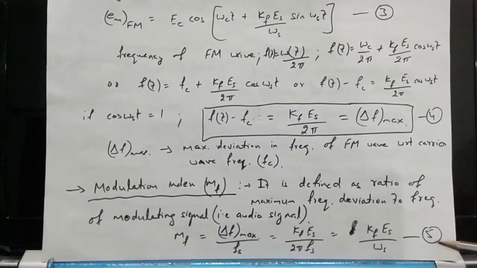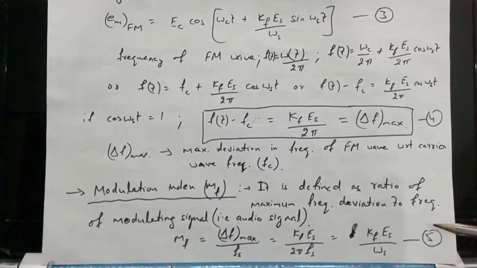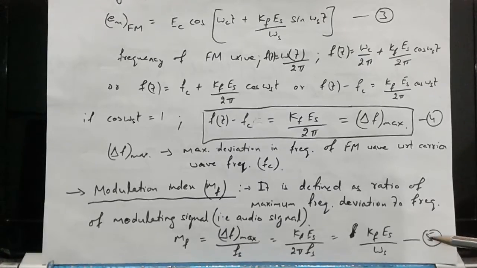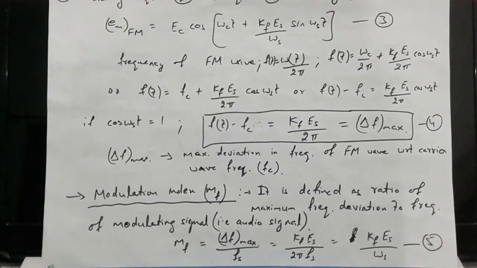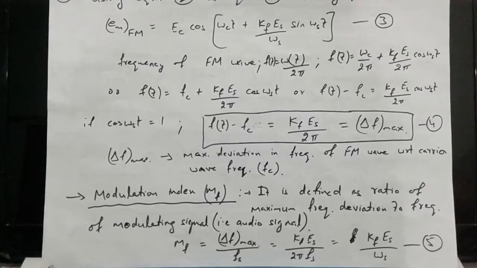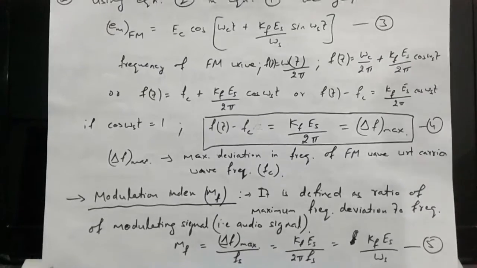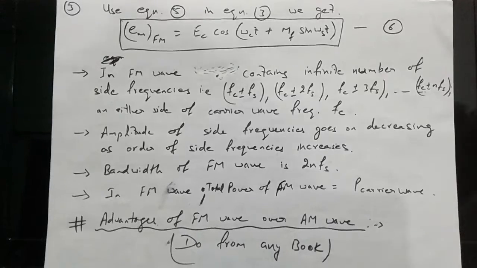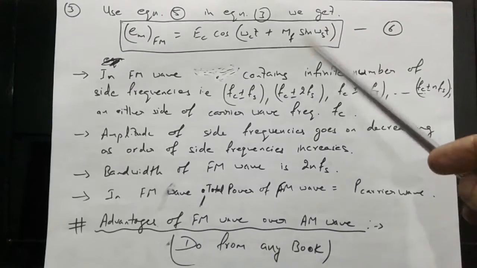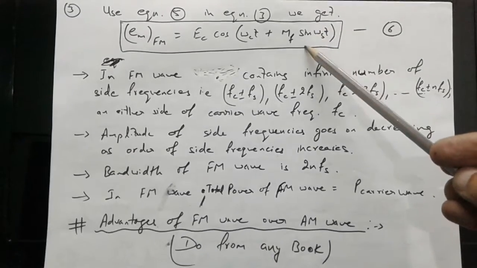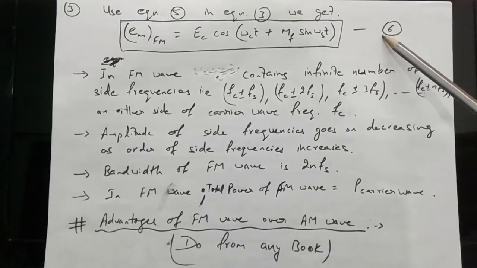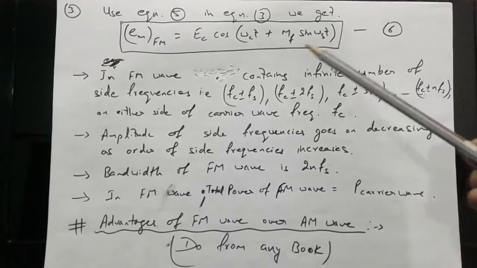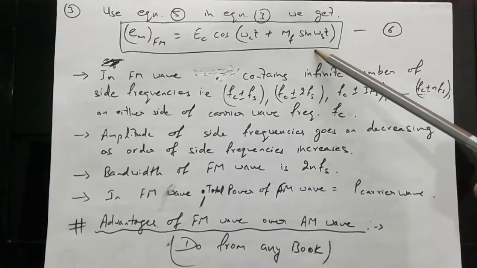These equations 5 and 4 are useful results when we are to solve the numericals for frequency modulation. Also, equation 3 can be written in the form of equation 6, which is another form of a frequency modulated wave.